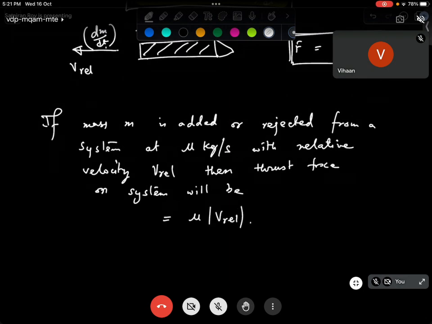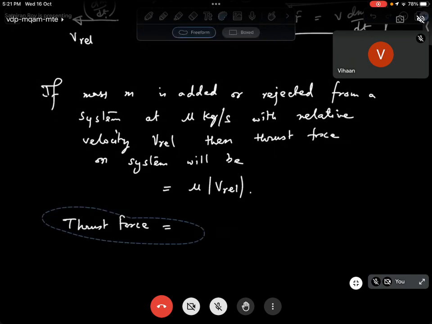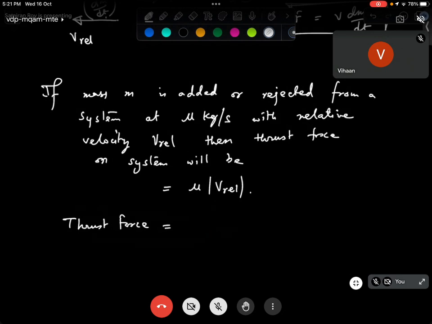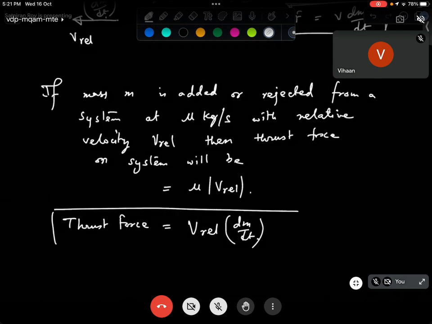Is that clear? So thrust force I can write, I'll send you this note today after class, thrust force equal to v relative into dm by dt. Always you can remember. Now if mass is added, dm by dt is positive.